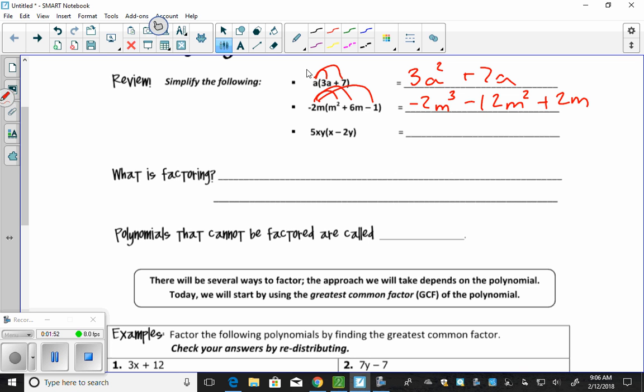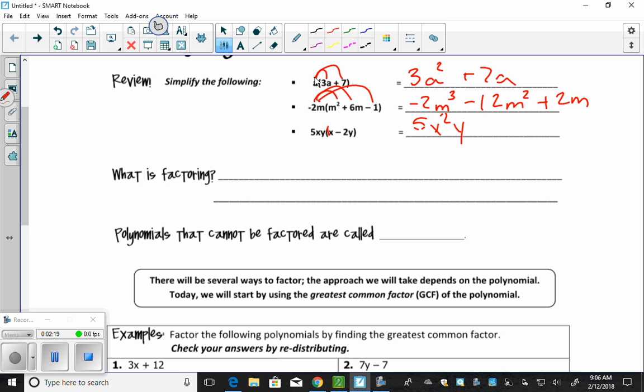5xy parentheses x minus 2y. What number is in front of this x? 1. So 5 times 1 is 5. x times x is x squared, then put y behind it because there's no y's to multiply it to.